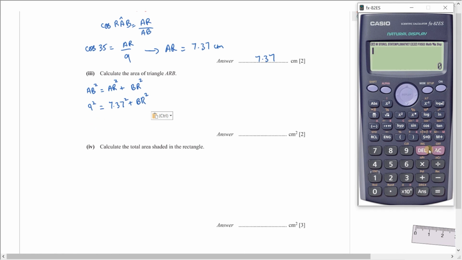This will be 9 square is 81. I'll take this 7.37 to the other side, so minus 7.37 square. So BR square is 26.6831. So BR will be the square root of this, 5.165. So 5.17 centimeters up till three significant figures. So area of triangle ARB will be 1 by 2 into base into height.